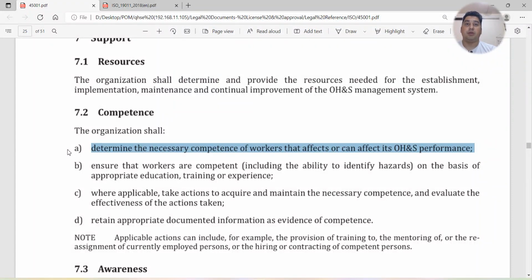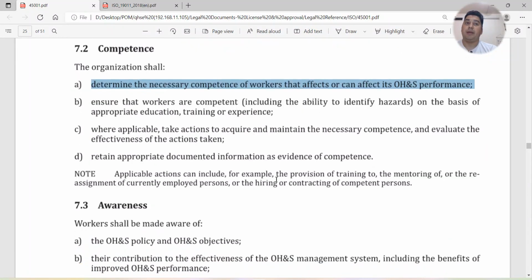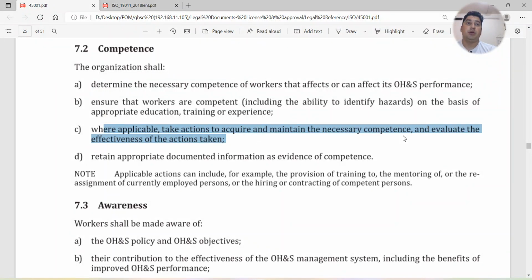Ensure that workers are competent, including the ability to identify hazards, on the basis of appropriate education, training, or experience.